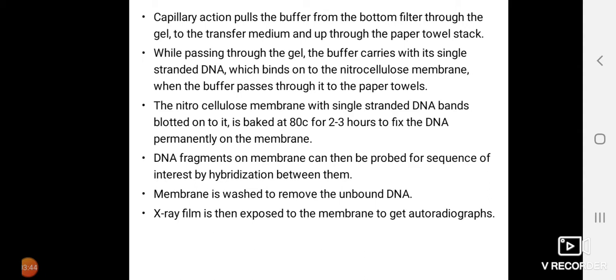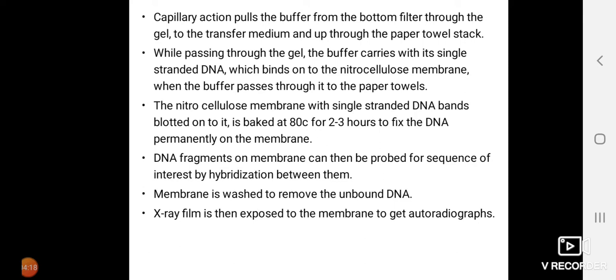So we can place the membrane at the positive side, and then, just like electrophoresis, we allow the movement of these separated fragments of nucleotides within the gel onto the membrane. Once the transfer is done, we subject the membrane to fixing the nucleic acids to the membrane tightly by baking it at 80 degrees centigrade.